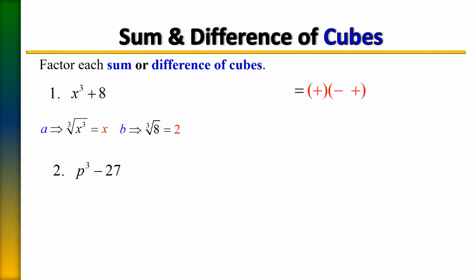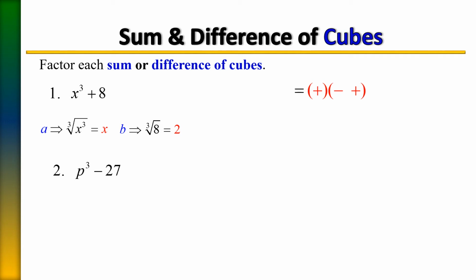So again, remember, if you don't have your cube roots in memory, make sure you have your calculator handy because you'll need that information. So now that we have the cube root of those, the actual numbers we're going to be dealing with here are an x and a 2.